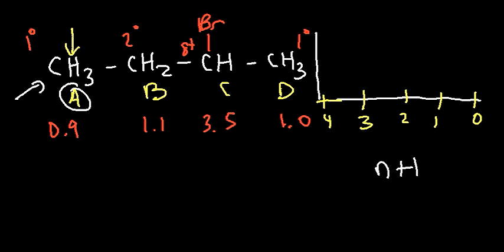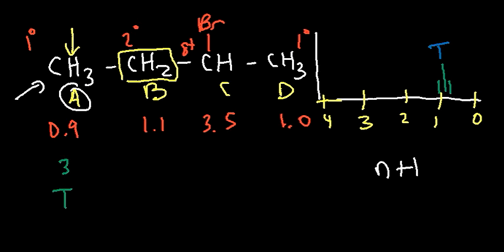So this CH3 is adjacent to a CH2 group, so you look at those two hydrogens, add one to it, and you're going to get 3. So 3 is a triplet, and a triplet is going to look like this. So that's a triplet. As you can see, that one signal is split into 3.